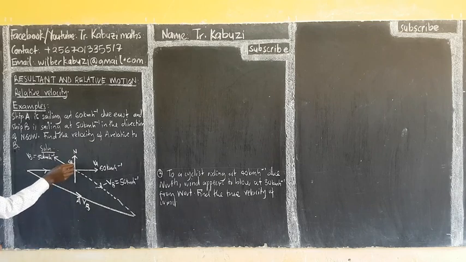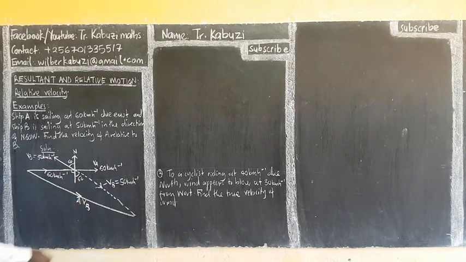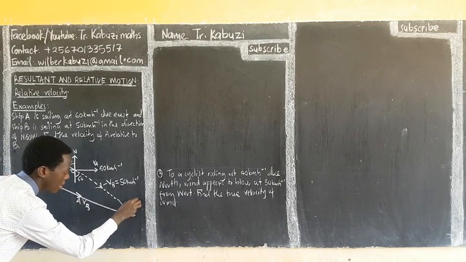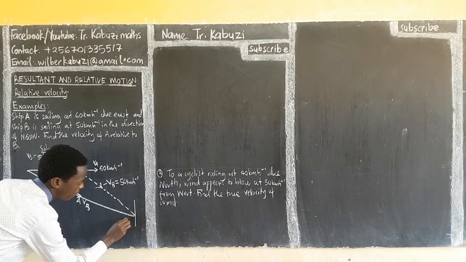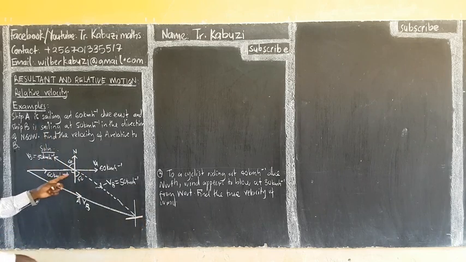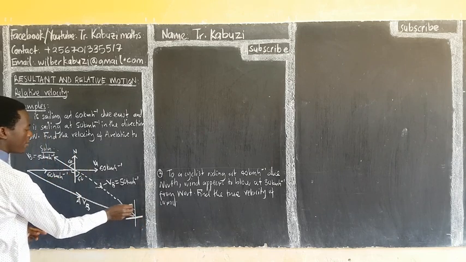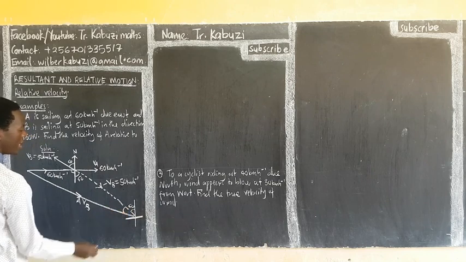So if this is 60, then this one is also going to be 60. And remember, this is 90, so the whole of this is 150. After that we shall put the compass here. Remember, in this one, this is 60, then this will be 60.